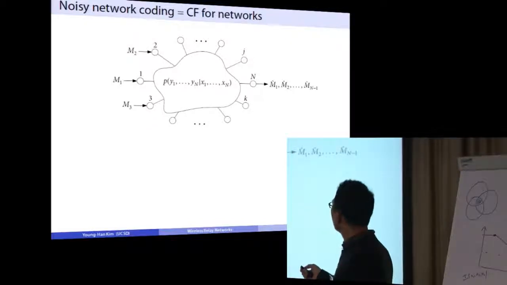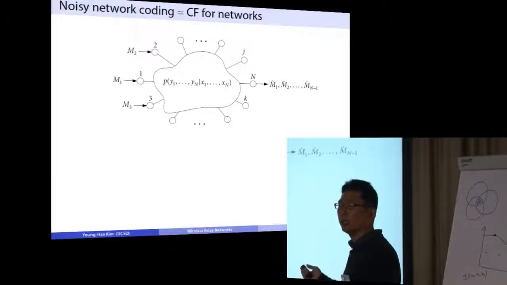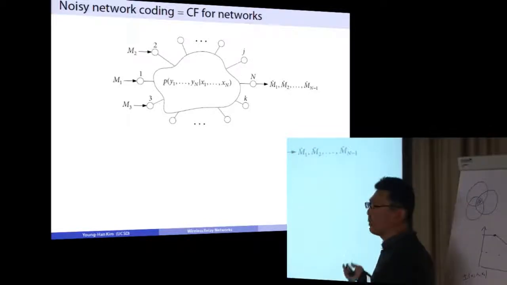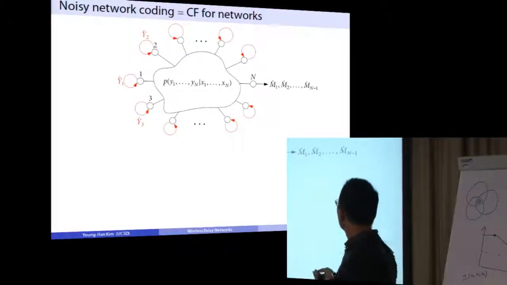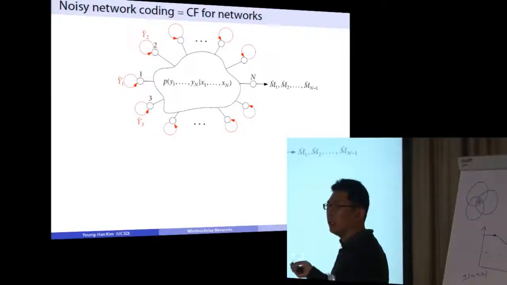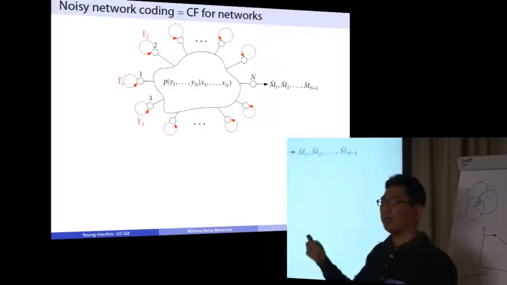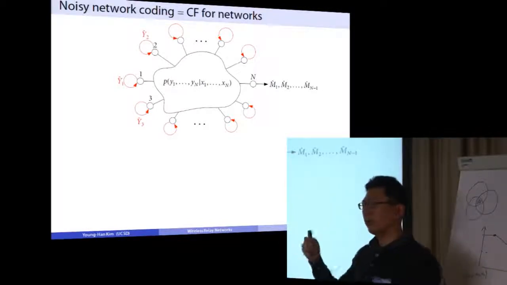And one coding scheme that achieves close to the cut-set bound is so-called noisy network coding. And you can view this as using compress-forward for networks. So here, in one version of noisy network coding, the operation is fairly easy. At each node, we would like to quantize its noisy observation. Okay.